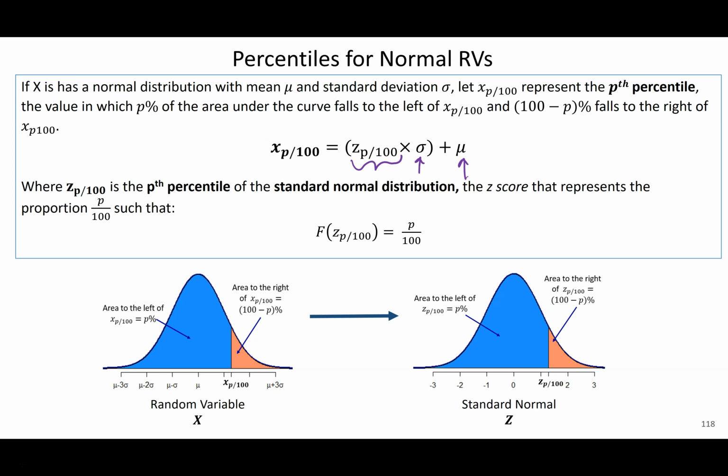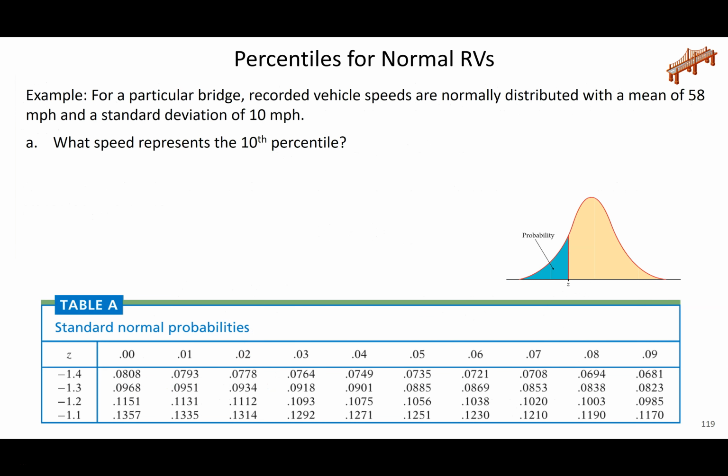We talked about percentiles a little bit before. It's the value of x that has whatever percent below it, specifically below. So here we are looking at the bridge still and vehicles going on that bridge, and we want to know what speed represents the 10th percentile.